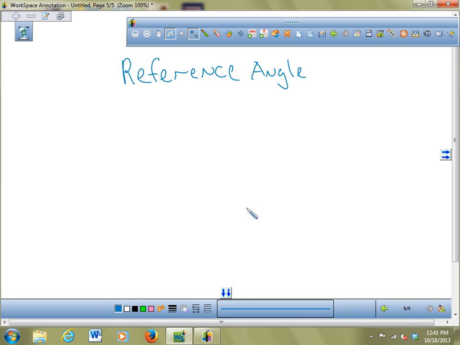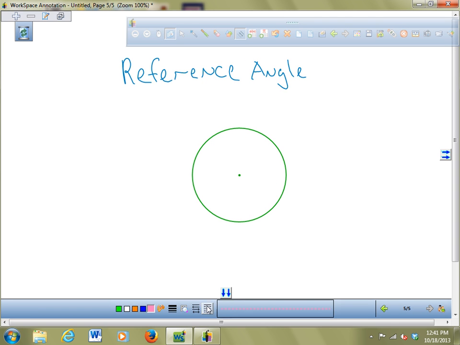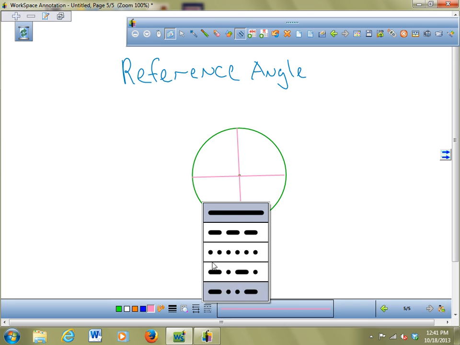Reference angle, okay? What a reference angle is, if you have a circle, the reference angle is the angle that your radius makes with the x and the y-axis. Let's get rid of the dotted lines and make solid lines. For instance, let's draw in 4 different angles right here.